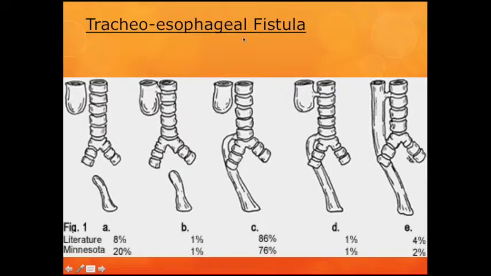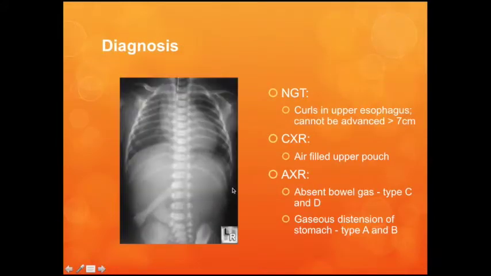But most of the bowel gas we swallow. So these kids won't have any bowel gas, or not a lot of bowel gas, unless we of course ventilate them, and in this type as well. So there will be an absence of bowel gas on the X-ray, and here you can see there's not any bowel gas.